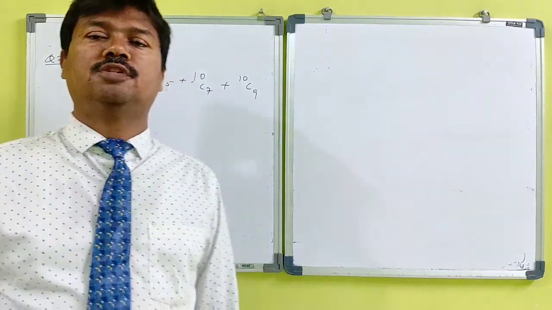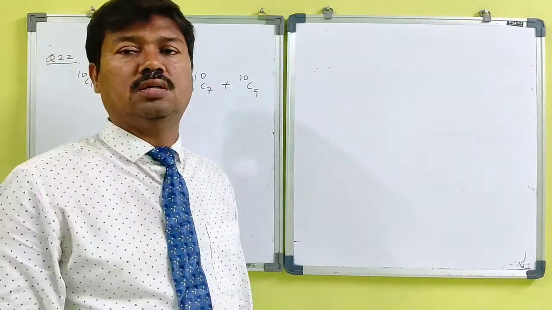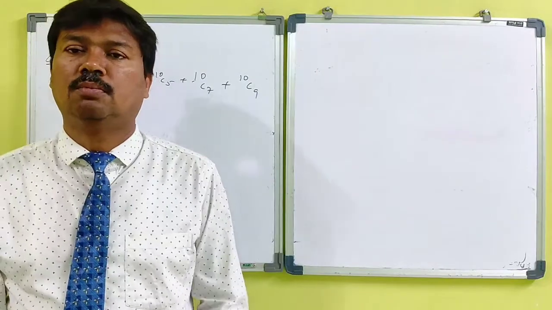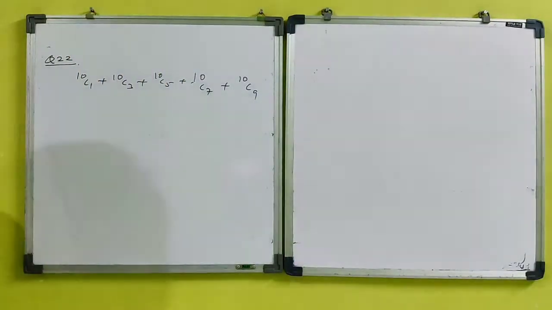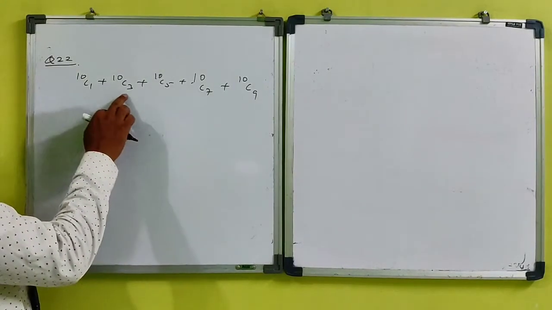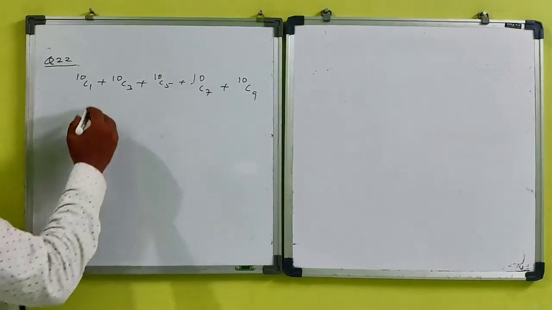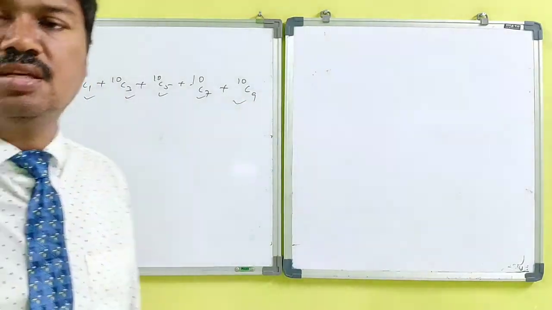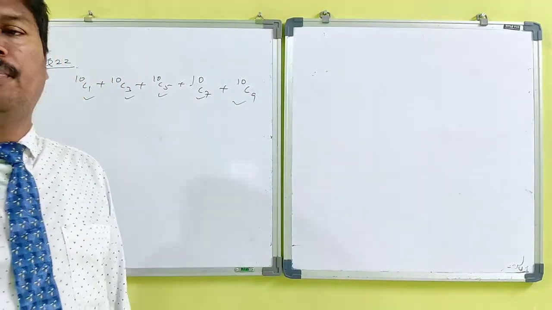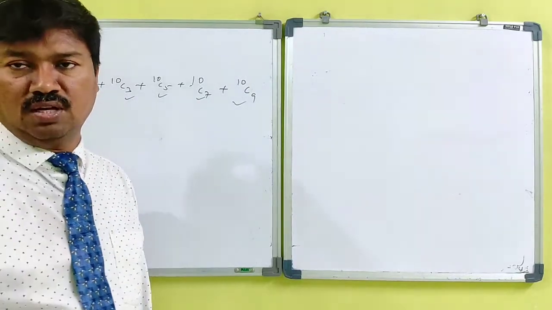So now we will solve some questions based on the concept of the sum of the coefficient formula. Here, question number 22, what is the value of this 10C1 plus 10C3 plus 10C5...? Clearly it is an odd coefficient sum. The sum of odd coefficients is always equal to 2 raised to n upon 2, that is 2 raised to n minus 1.